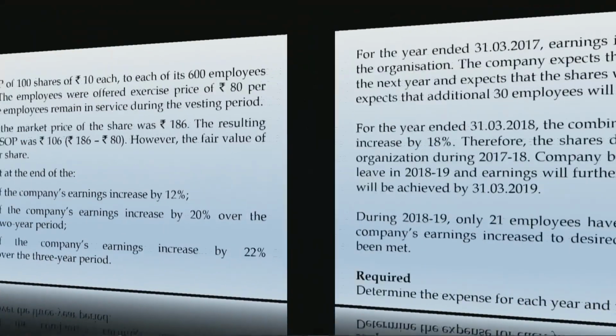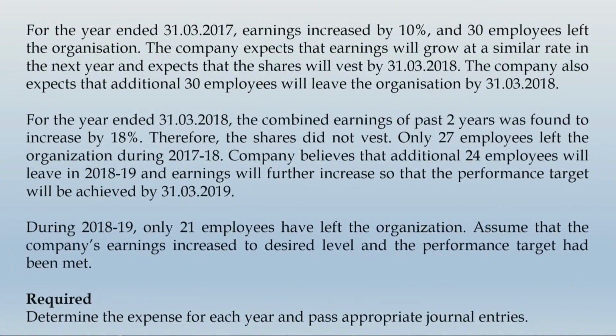Let us move ahead in the question. It says, for the year ended 31/3/2017, earnings increased by 10% and 30 employees left the organization. The company expects that earnings will grow at a similar rate in the next year and expects that shares will vest by 31/3/2018.